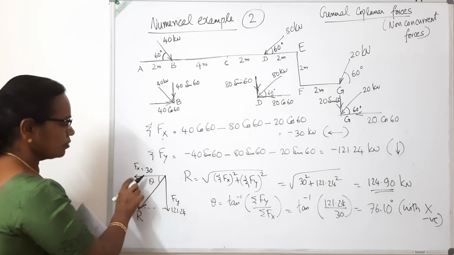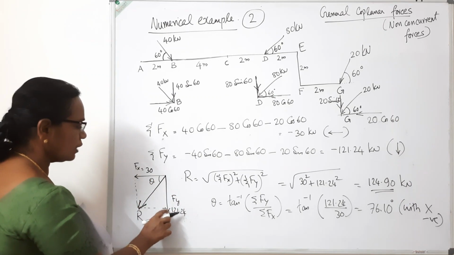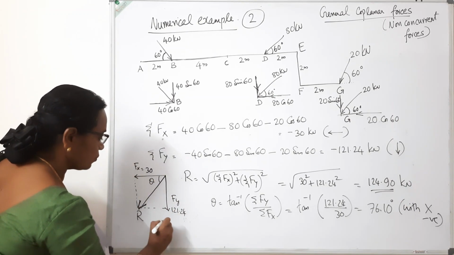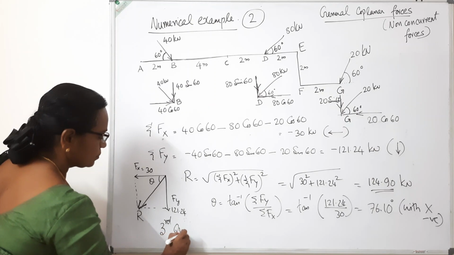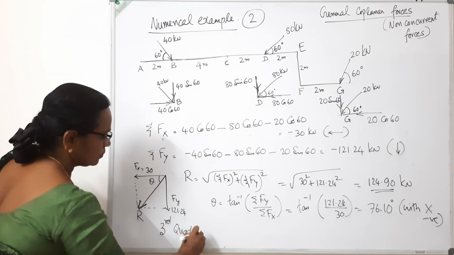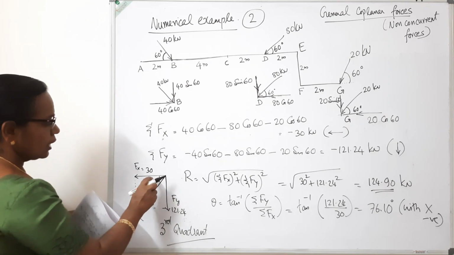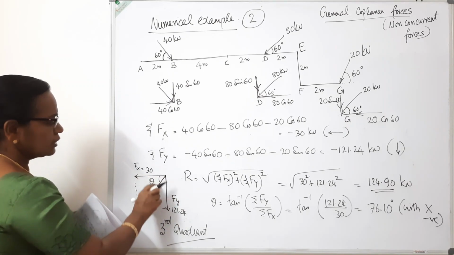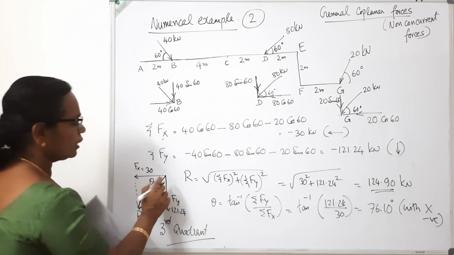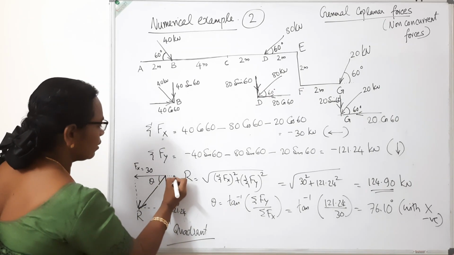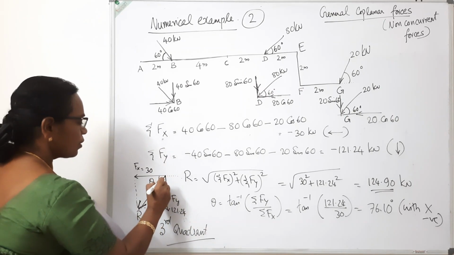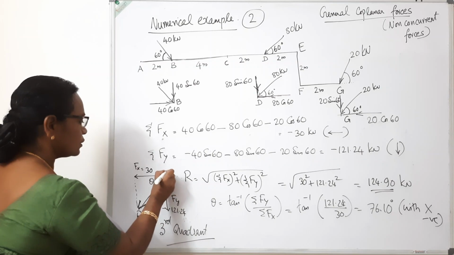So here Fx is negative, Fy is negative. So it is in third quadrant. The resultant is falling in third quadrant, and the angle with the x negative direction is 76.1 degree. If you want, we can make it from here up to this. So what is the angle?